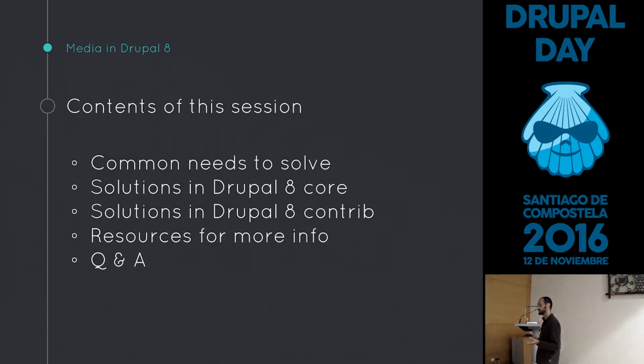To solve these needs, which solutions are in Drupal core? Which other solutions are in contrib modules? And in the end, I'll leave some resources for getting more information. And if we have time, some questions and answers.